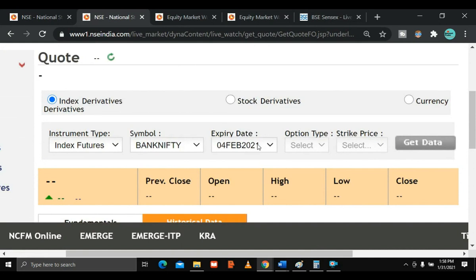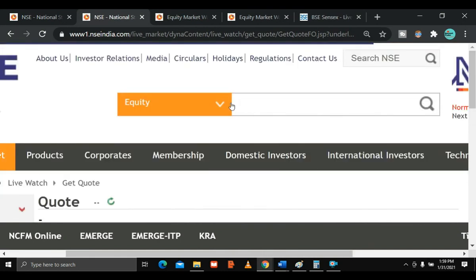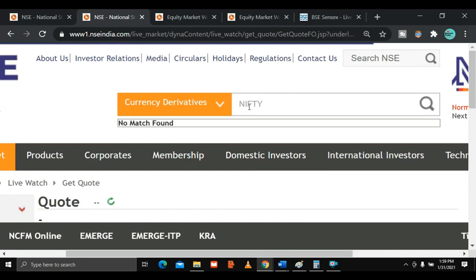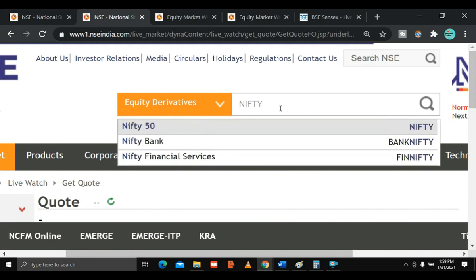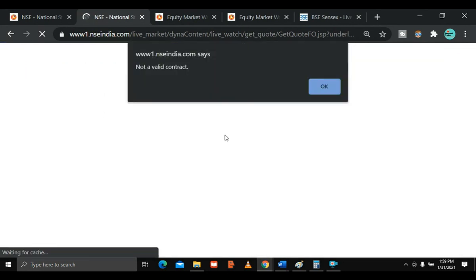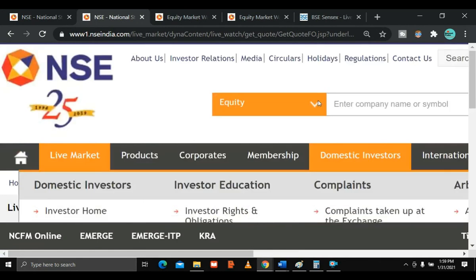The point I'm coming to show you is that all the indices are not tradable in the equity market. All the indices are tradable in which market? Derivative market. That is what you have to remember.